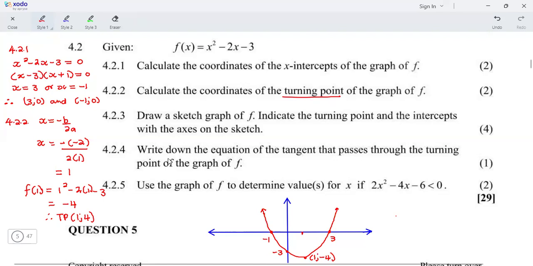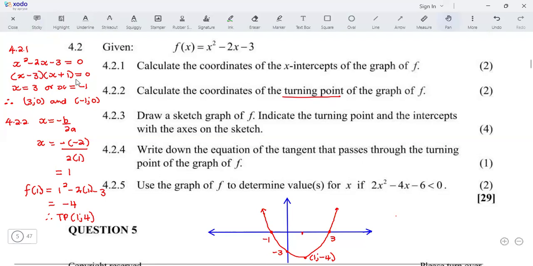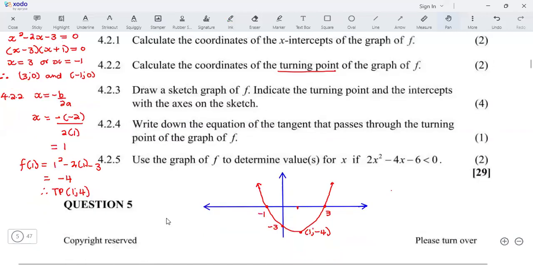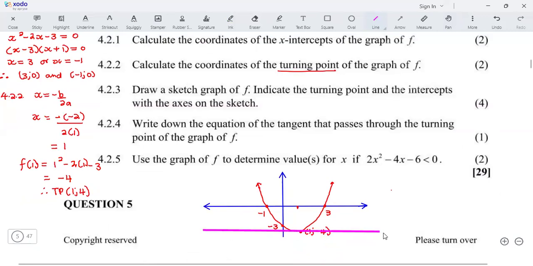The next question says, write down the equation of the tangent that passes through the turning point of the function f. Now, if it passes through the turning point, that means that it's actually a horizontal line, right? You can see that even the mark allocation is 1 mark. Now, if it's a horizontal line, its equation is in the form of y is equal to something.